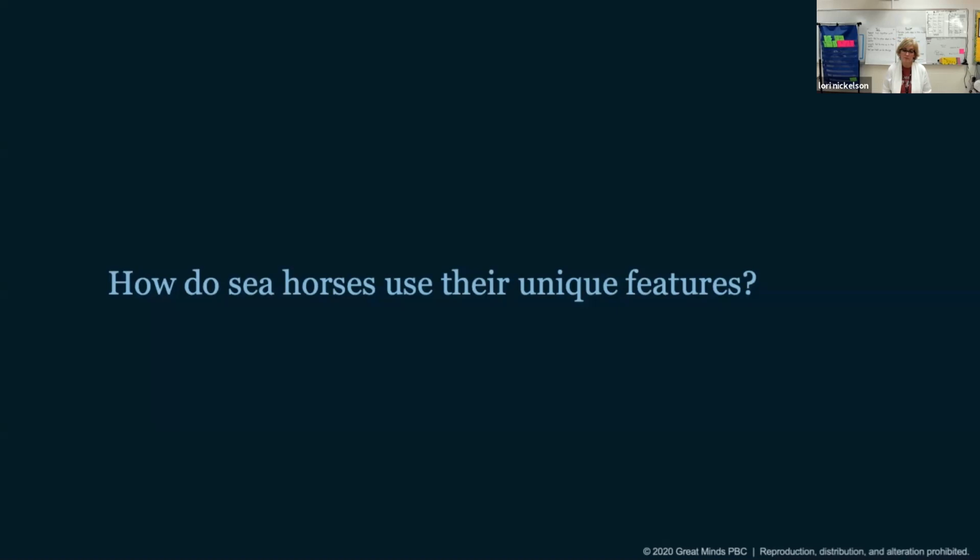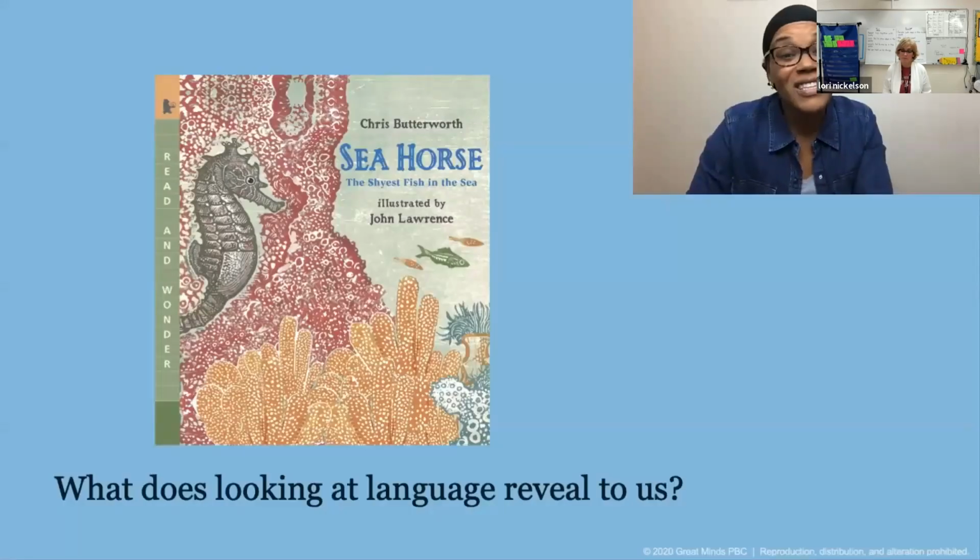And today you'll be writing about one of the seahorse's unique features as you work on your focusing question task. But first, let's talk about the question that will frame our learning for today. And that question is, what does looking at language reveal to us? And you'll be paying close attention to how the author uses specific words to describe the unique features of seahorses.